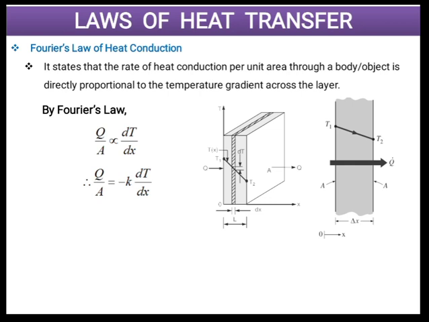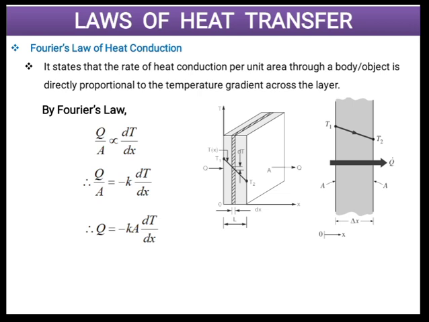To tackle this problem, we have introduced this negative sign in this expression so that the final heat transfer quantity becomes properly positive as per the physics as well as per the mathematics. That's why this k will have a negative sign right over here.